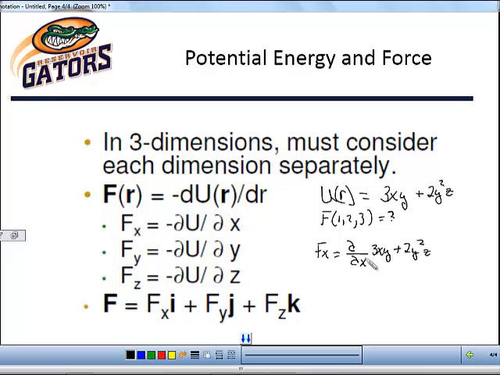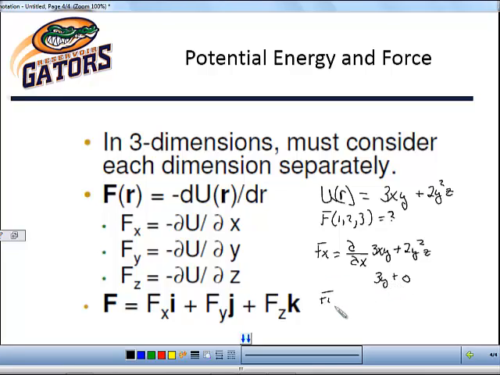Well, the derivative of x with respect to x is 1, so this would be 3y. Y is a constant. So you treat it the same way you do the 3. Plus, with respect to x, there are no x's here, so all of this is a constant. Well, what's the derivative of a constant? Well, it's 0. So the x component of the force is 3y.